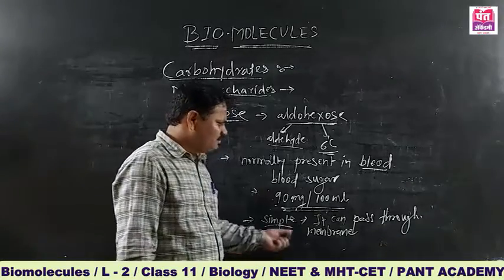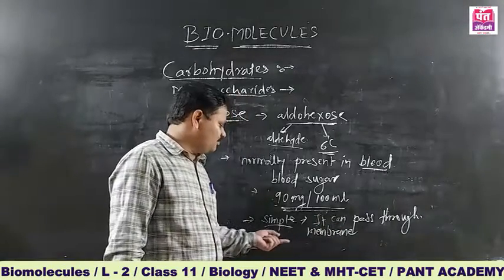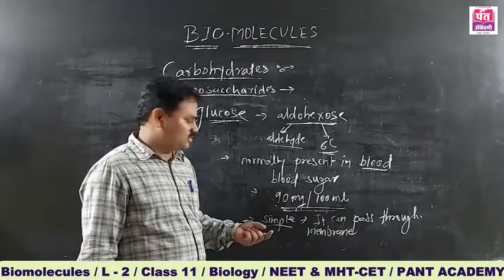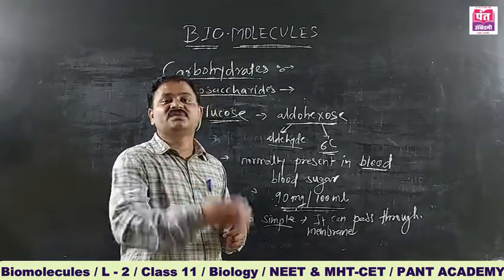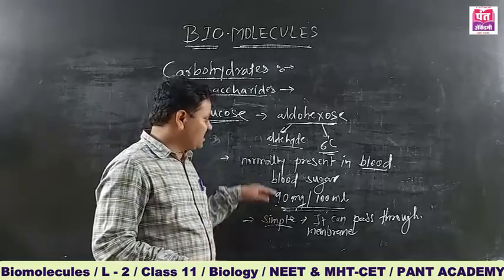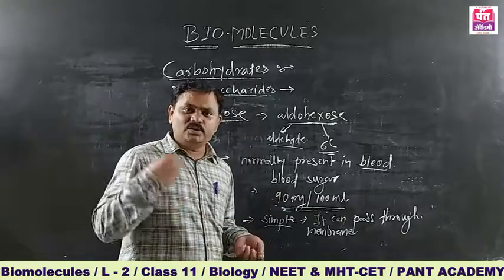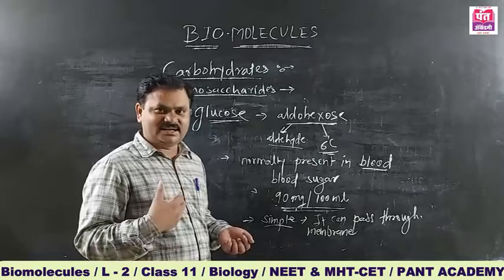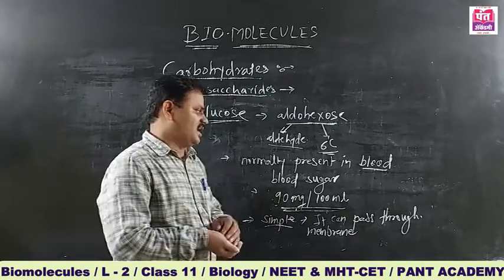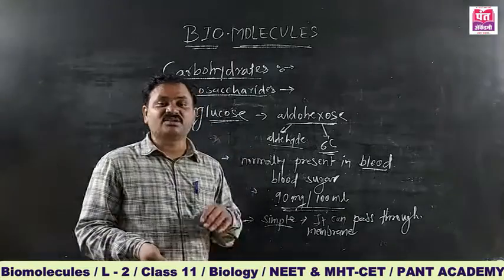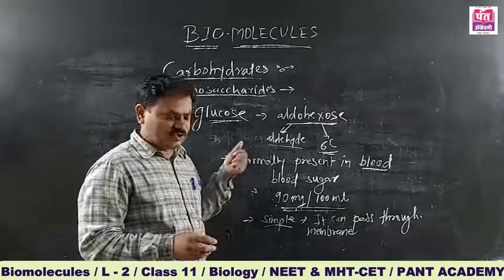It can freely pass through the plasma membrane, and therefore it can be utilized by the cell and given out by the cell, and therefore it has great importance. When we eat glucose, it is freely absorbed in the intestine as well, and therefore this sugar has great importance in physiology.